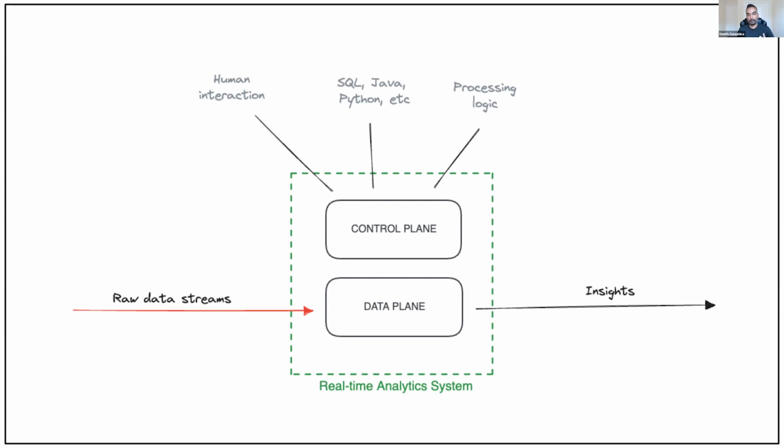So what do you do with the control plane? We as application developers program our processing logic in the control plane. So we can use imperative languages like Java, Python, etc. Or we can use a declarative approach like SQL to write this kind of processing logic, like, okay, join these streams together, join this with a static data set and come up with this unified thing and output it to something somewhere else. So that's the pattern.